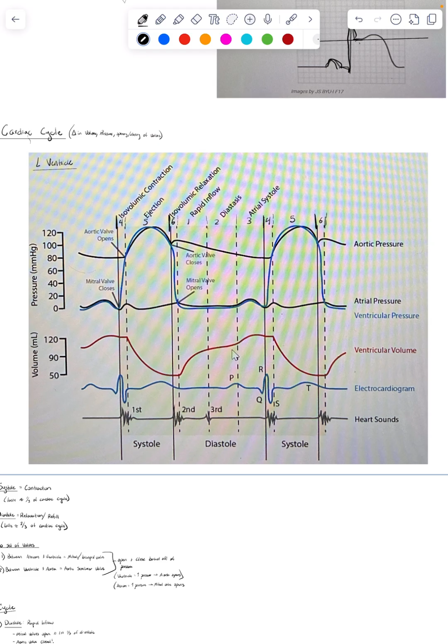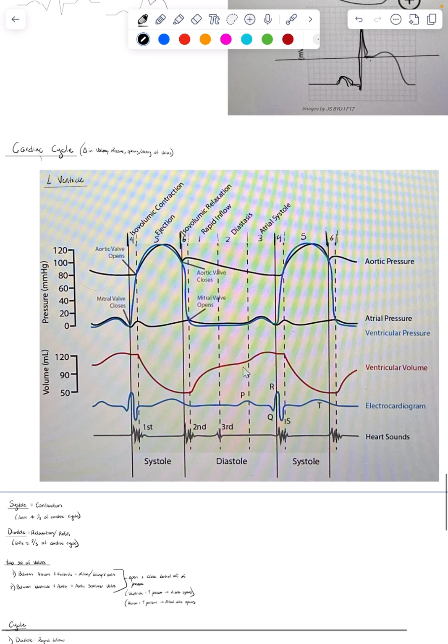Let's start at, let's say, 1. So 1 is talking about diastole. Diastole is sectioned out into 3 distinct sections, and each section takes about a third. So in the first third, what happens? The mitral valve opens.